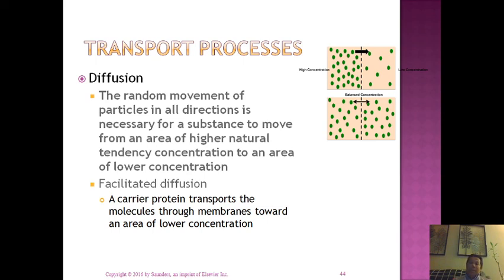What's the difference between osmosis and diffusion? In osmosis, the water particles move from an area of lesser concentration to an area of higher concentration. And the idea is to equalize the pressure in between a semi-permeable membrane.